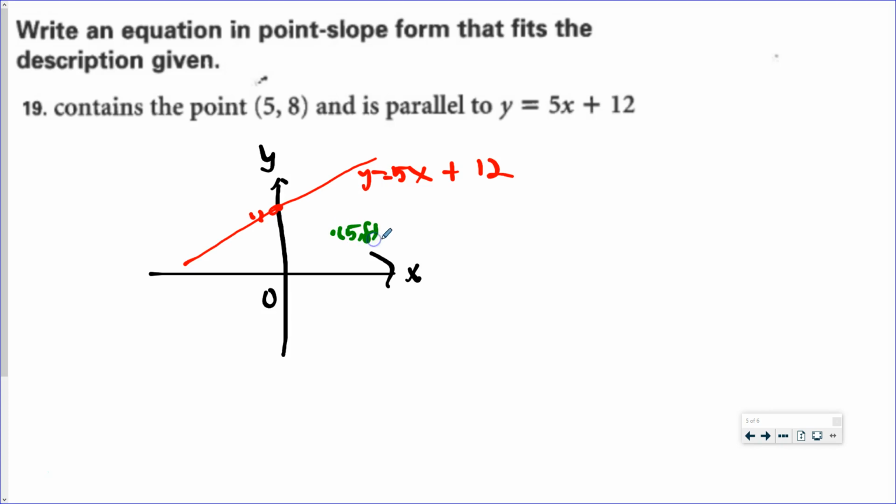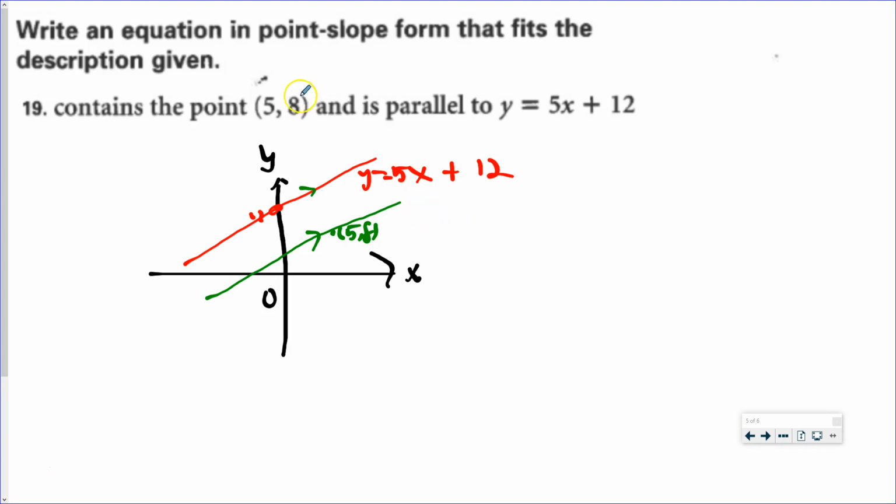I want to find another line, which is green, that is containing the 5 and x, going that way, and they're parallel to each other. Alright, so we know the red line already. I'm not doing the red line, I'm doing the green line. So you have to understand what kind of information you are being given in order to solve this.